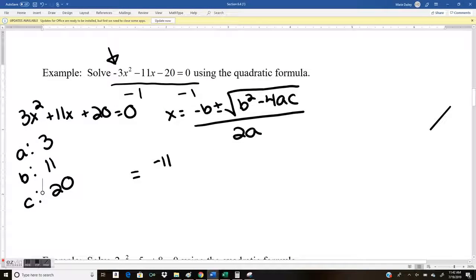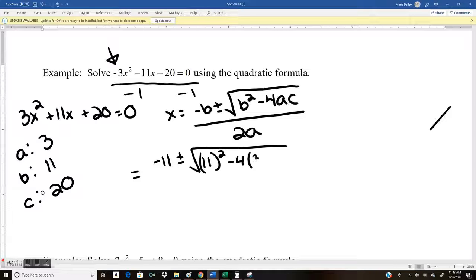So this will become negative 11 plus or minus the square root of 11 squared minus 4 times 3 times 20. Again, please watch your signs as you are doing this. This will then be all over 2 times 3.